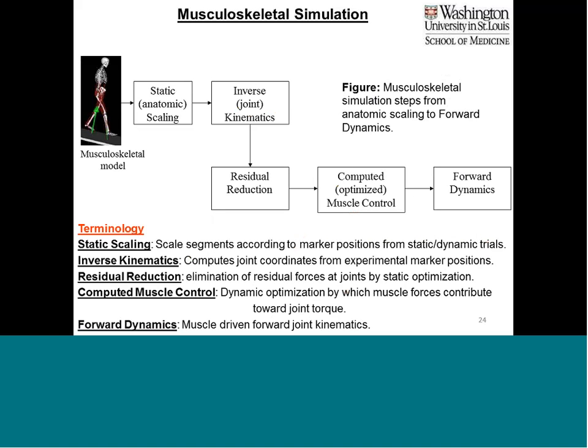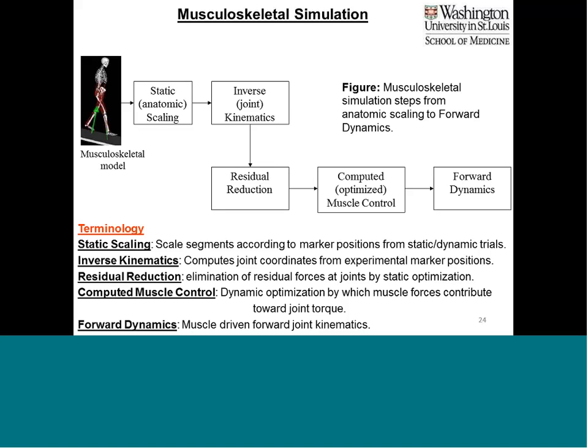That included static scaling using marker positions from either static or dynamic trials, inverse kinematics for finding joint coordinates from marker positions, residual reduction, where you eliminate residual forces by optimization, and computed muscle control, where muscle force, a very important muscle force contribution towards joint torque, which was one of the important findings of our studies, is found. One usually uses dynamic optimization to do that.